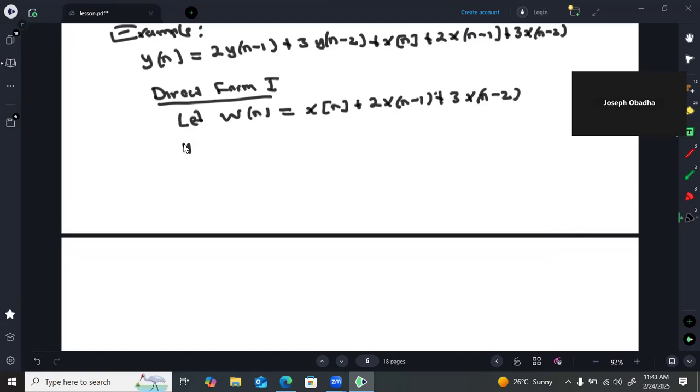Then we can write our y of n as 2 into y of n minus 1 plus 3 into y of n minus 2 plus w of n.